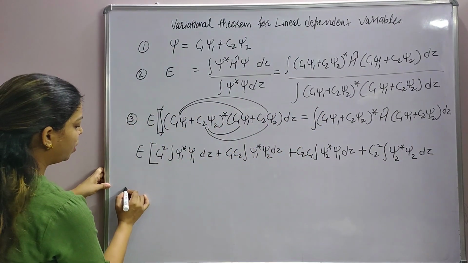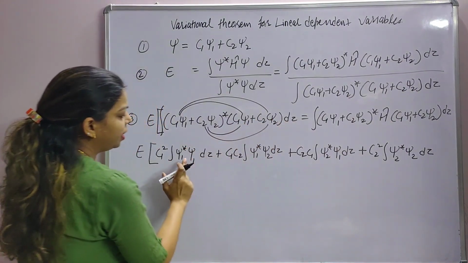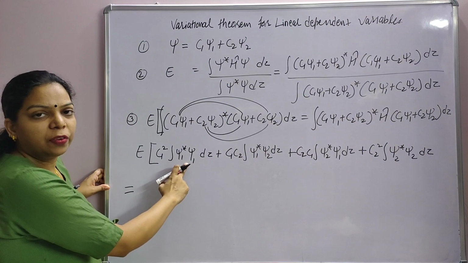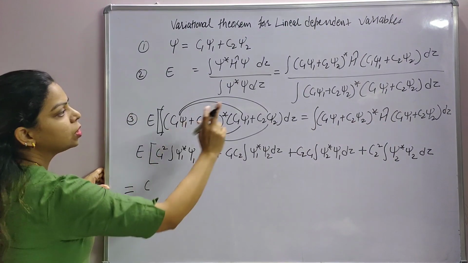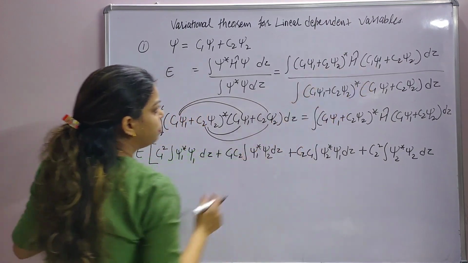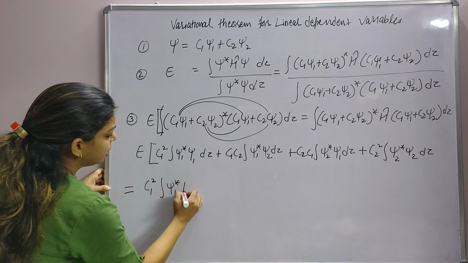And what happens on the right hand side? We will have similar terms, but with a Hamiltonian operator in between. If I simplify this, it will be C1 square psi1 star.